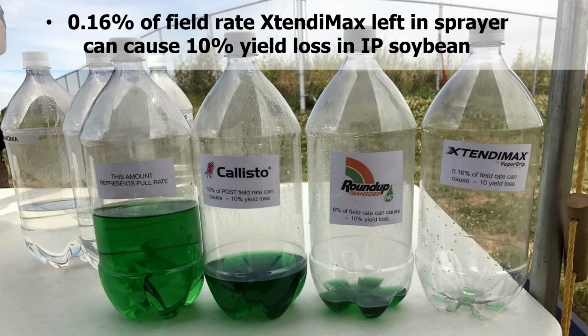That would cause a 10% loss. Let's say you had Roundup and only 6% of the tank was full and you forgot it was in there. That is going to cause a 10% loss in beans. Then we have Extendimax, the dicamba. Look how diminishingly small the trace amount that needs to be left in the tank to cause that 10% loss.